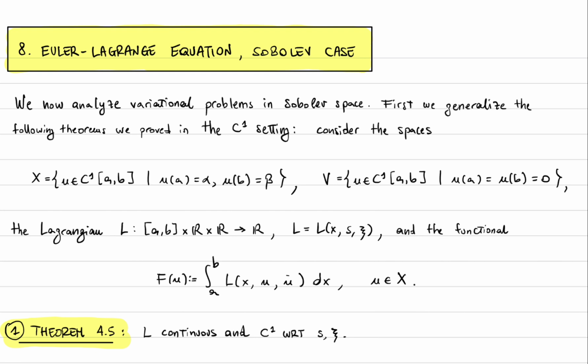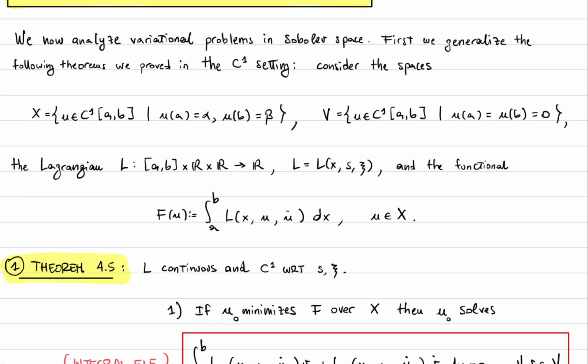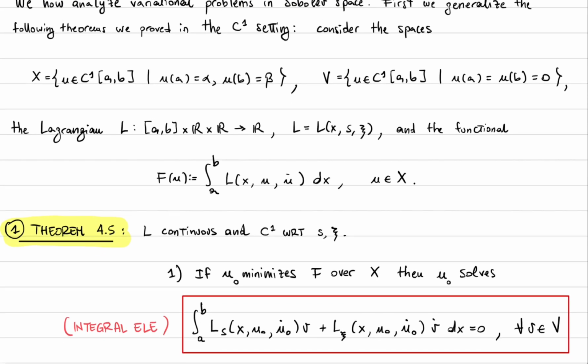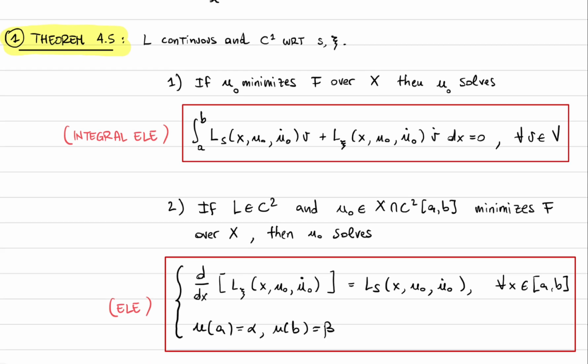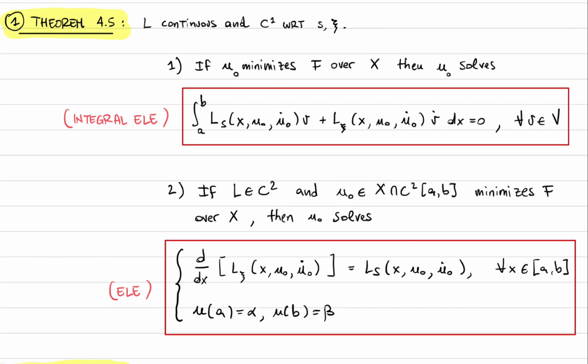And the first main theorem we saw for the Euler-Lagrange equation connected to this functional here was theorem 4.5, which I'm going to recall here.